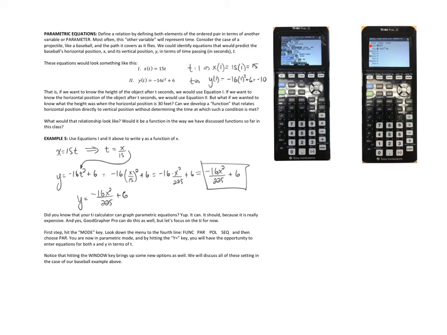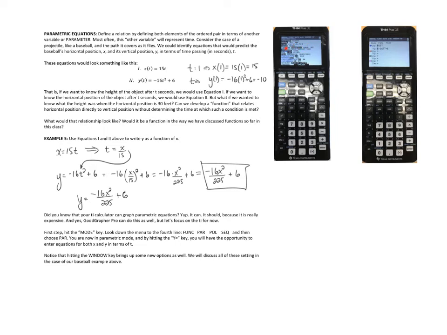So each equation, the blue equation, the red equation, the black equation, the purple equation, they have a spot for x and y both in terms of t. Notice the key where we normally hit our variable. I just put in 15 and then I hit the variable key right here. Notice that the variable key has x, comma t, comma theta, comma n. Well, those four different variables relate to these four different modes that the calculator can be in.